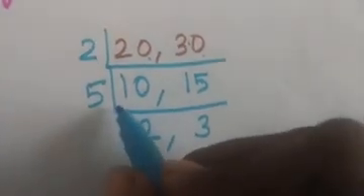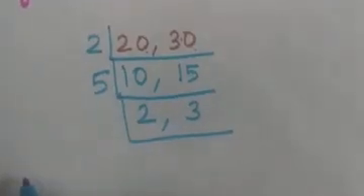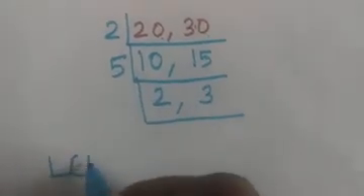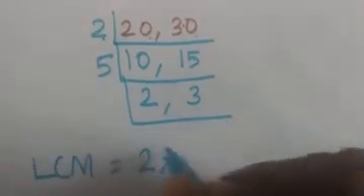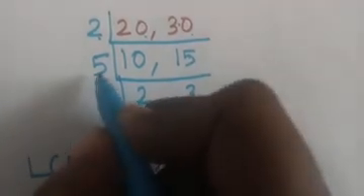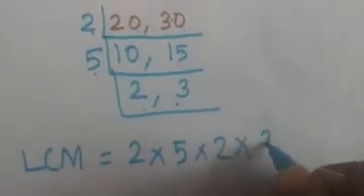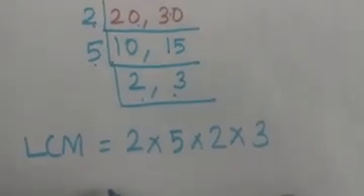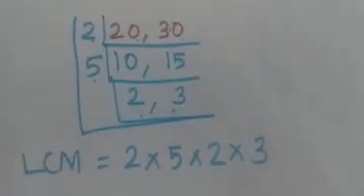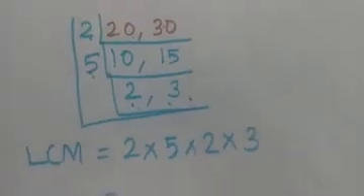So what are the factors we are going to write? LCM is 2 into 5 into 2 into 3. Very clear? So we have to write all these factors: 2 into 5 into 2 into 3.